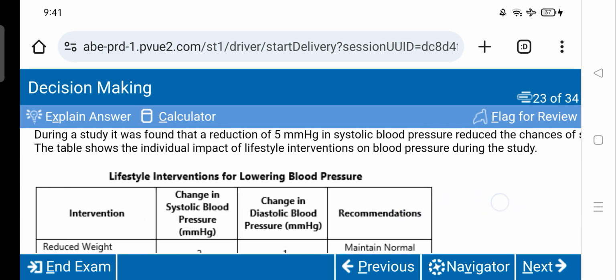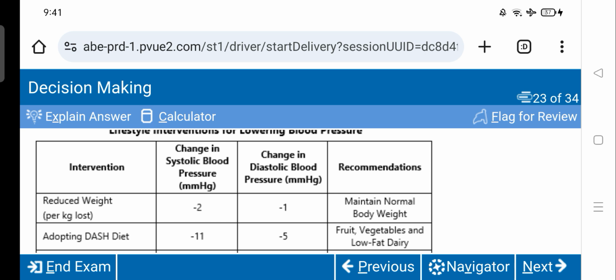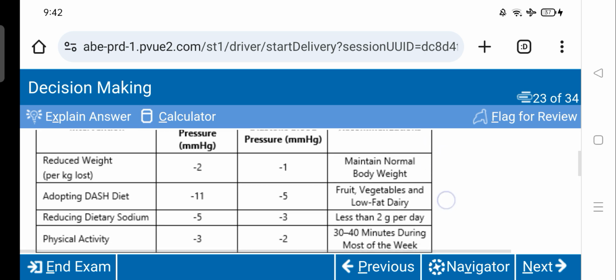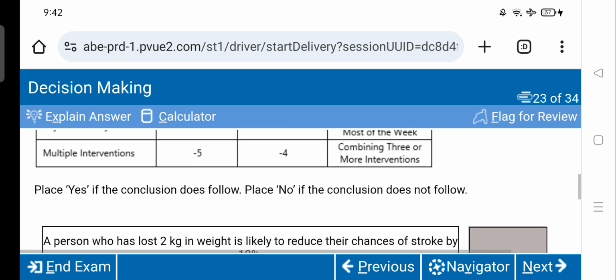So here we have some lifestyle interventions for lowering blood pressure: intervention, change in systolic blood pressure in millimeter mercury, change in diastolic blood pressure, and then we have some recommendations. So place yes if the conclusion does follow, and place no if the conclusion does not follow.